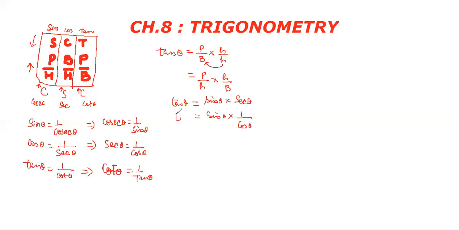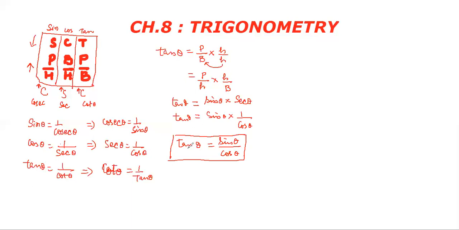So that means tan theta is equal to sine theta by cos theta. So this is one very important formula that we have derived here. The derivation will not be asked, but you must know that tan theta is equal to sine theta upon cos theta.